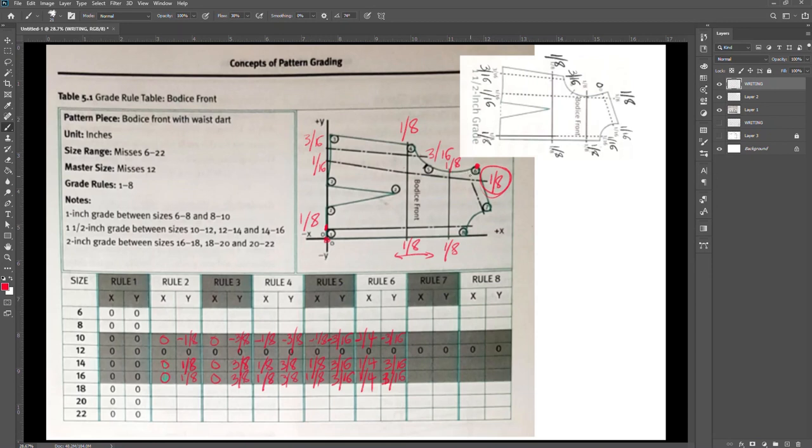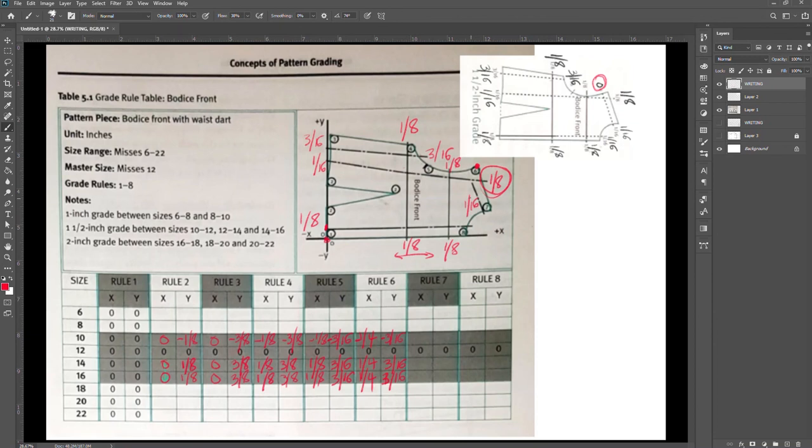If we just added 1 inch to one point when trying to make this grade, things would get real wonky real fast in our pattern, which is why we have to add 1 inch slowly across the pattern and across the front and back.